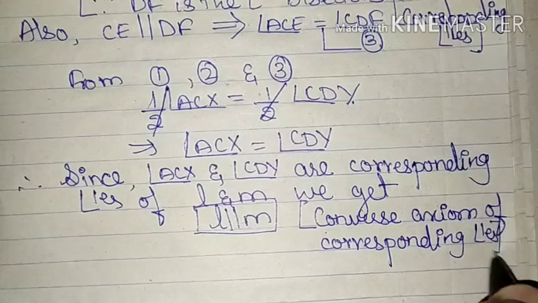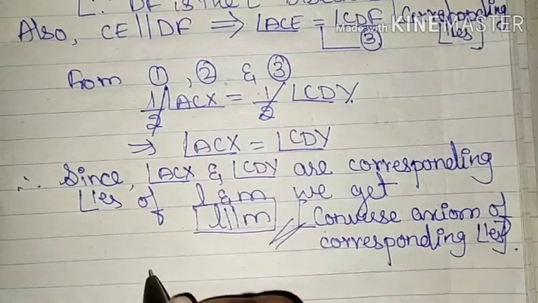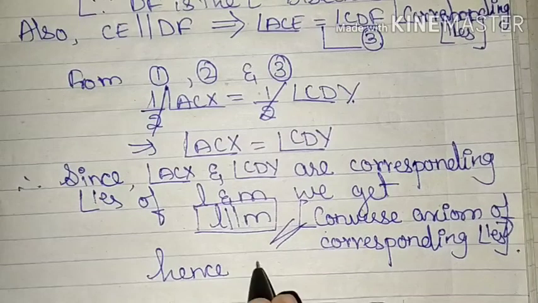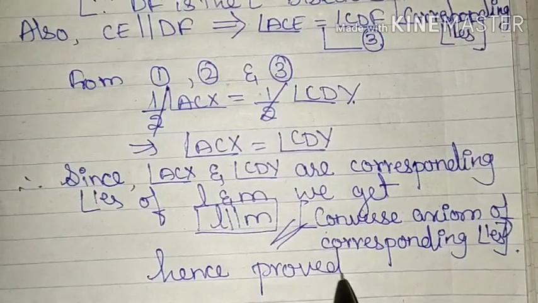So if the angles are equal, then the lines are parallel. Hence, proof. This is our proof.